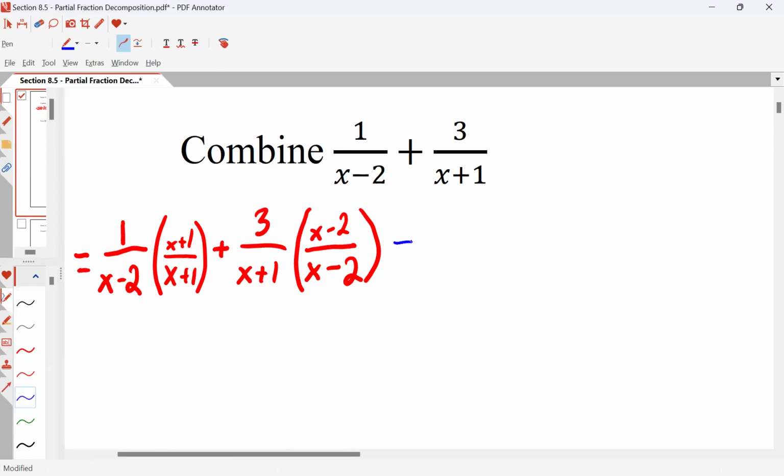Now, multiplying these fractions together, the first one, 1 times x plus 1, becomes x plus 1, and the denominator, x minus 2 times x plus 1, is x minus 2 times x plus 1.